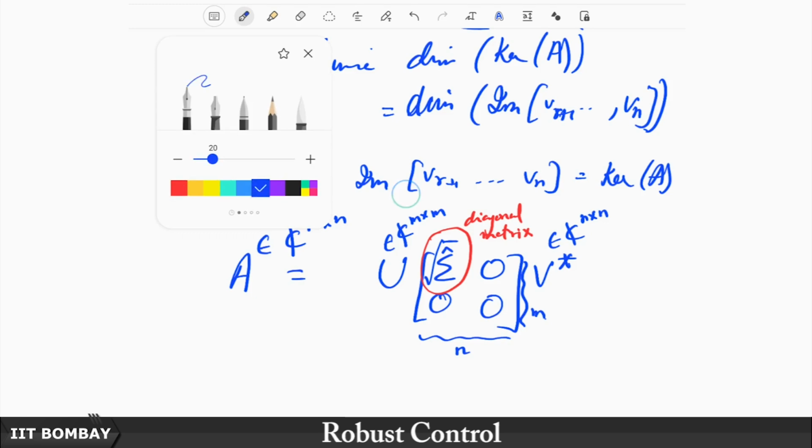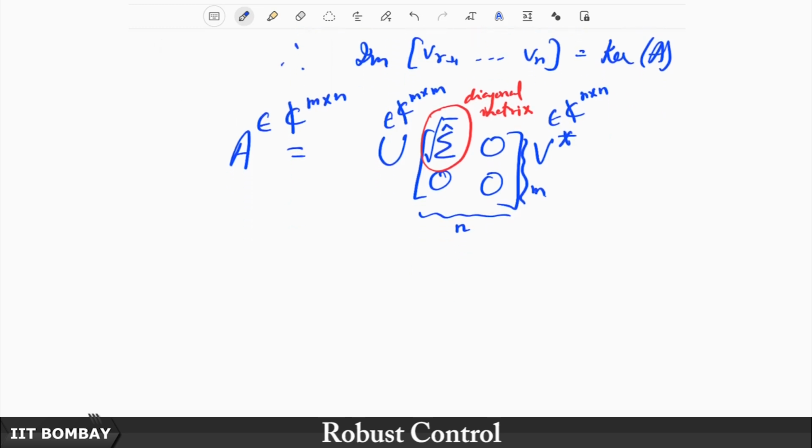Now if you think about it a bit, there's another way in which we can write this. Let's say we write this as u1, u2, and so on. So this is my U matrix where each of these ui's are basically column vectors, m tuples of complex numbers, right.